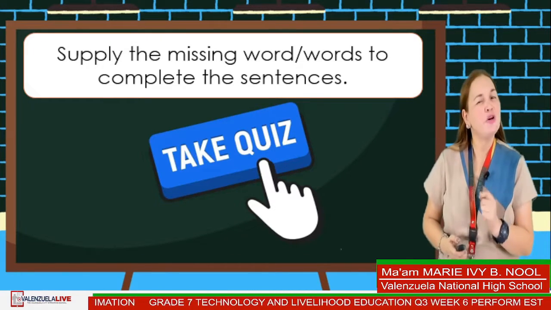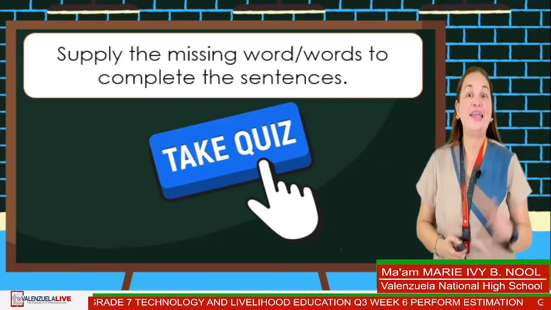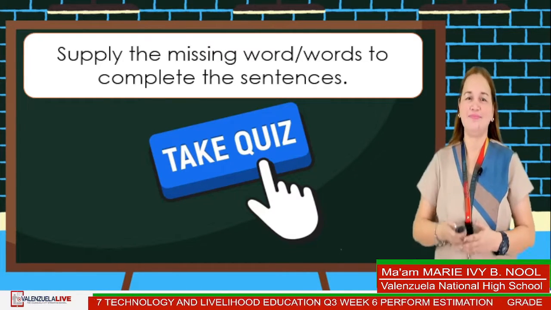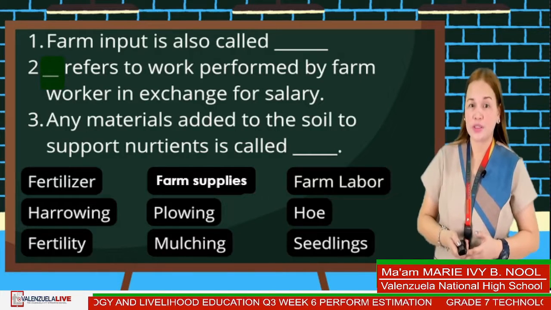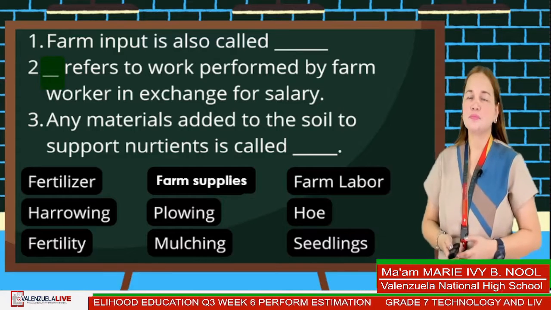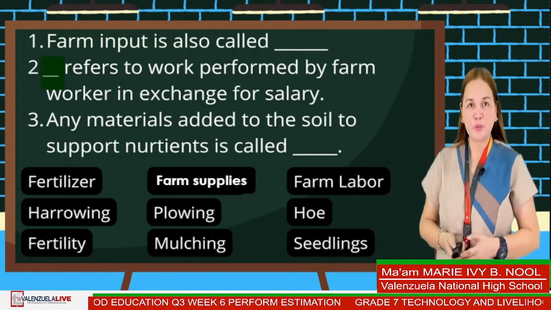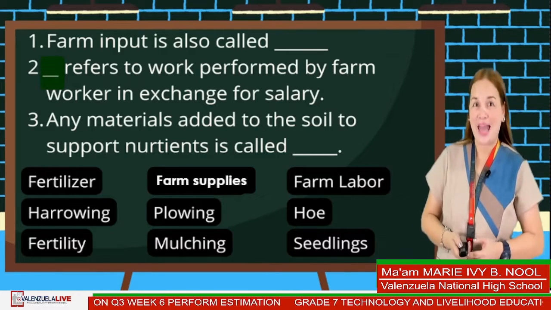To test if you fully understand the lesson, get your notebook and pen and let's have a short quiz. Supply the missing word or words to complete the sentences. Number 1. Farm input is also called blank.